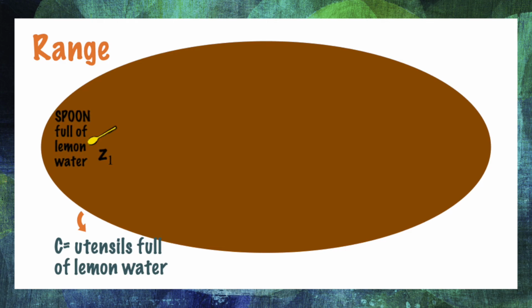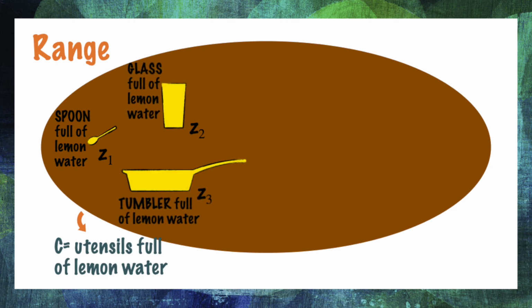Let's take a look over the range that we get. If we repeat the same process of applying function g on all the utensils we have, which are already filled with water, what do we get? We get a set C, which we say is utensils full of lemon water. We have z1, which is a spoonful of lemon water.